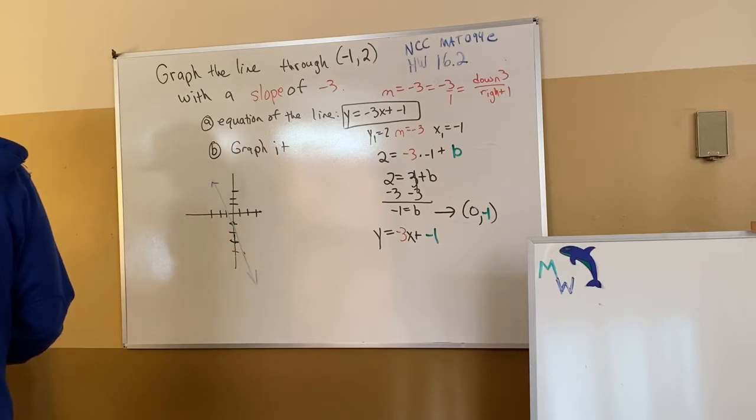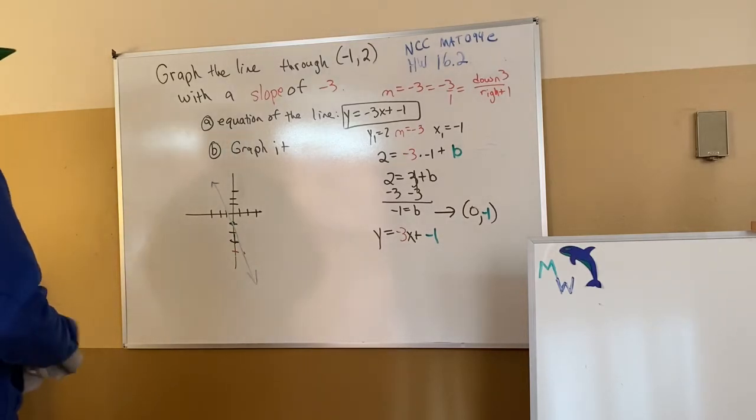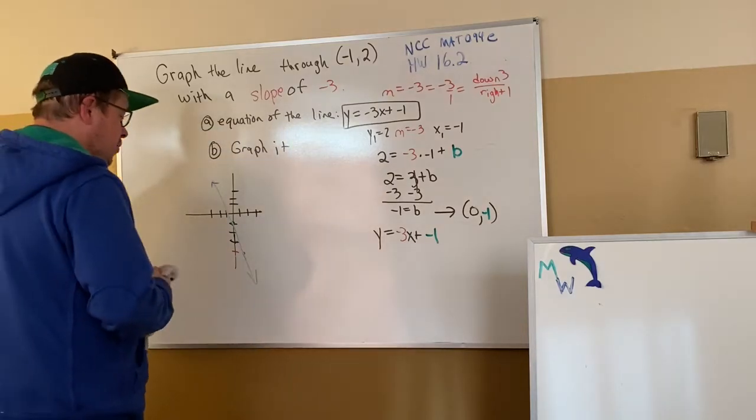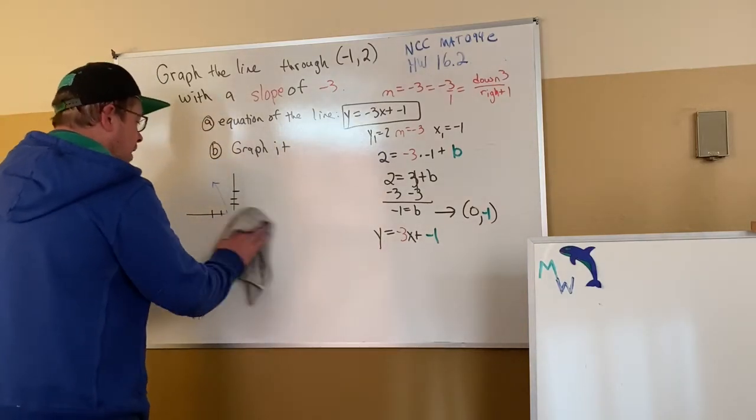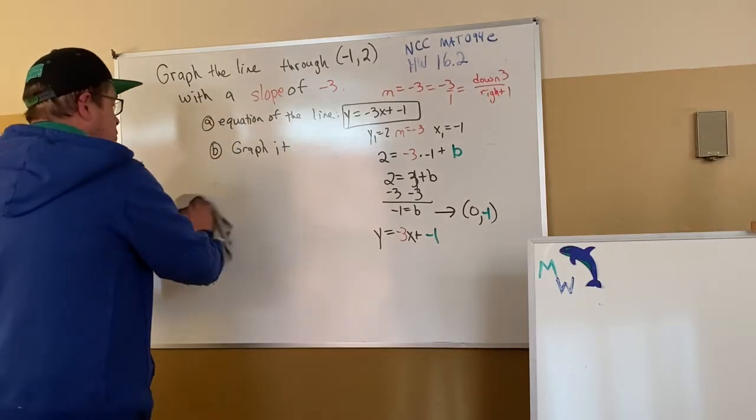Let's see. We got this one, which says, we're going to give you the line 3x minus 2y equals 8, and they want you to find it in slope-intercept form and graph it. 3x minus 2y equals 8.